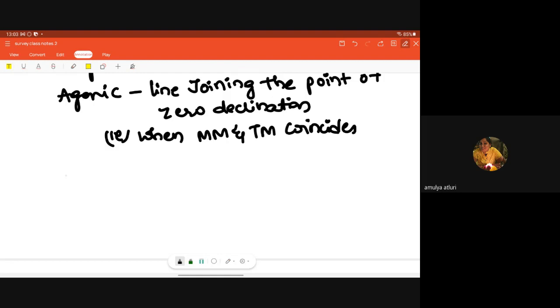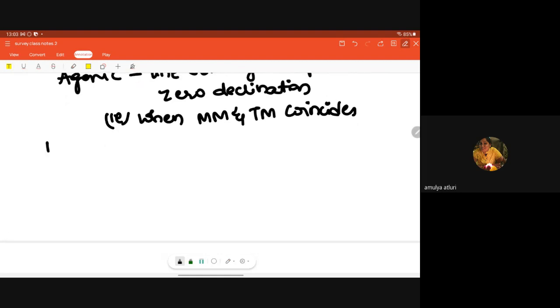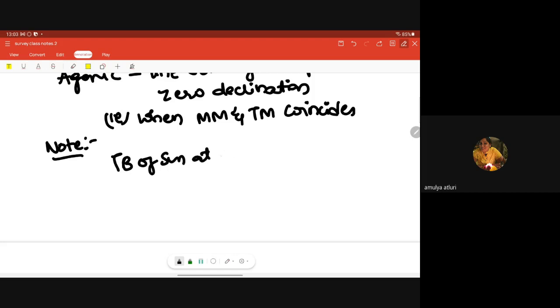Sometimes you need to note this in problems, as they try to trick you. They don't mention the true bearing, and they just mention the true bearing of the sun at noon. In that case, what value will you take? The true bearing of the sun at noon is 180 degrees.